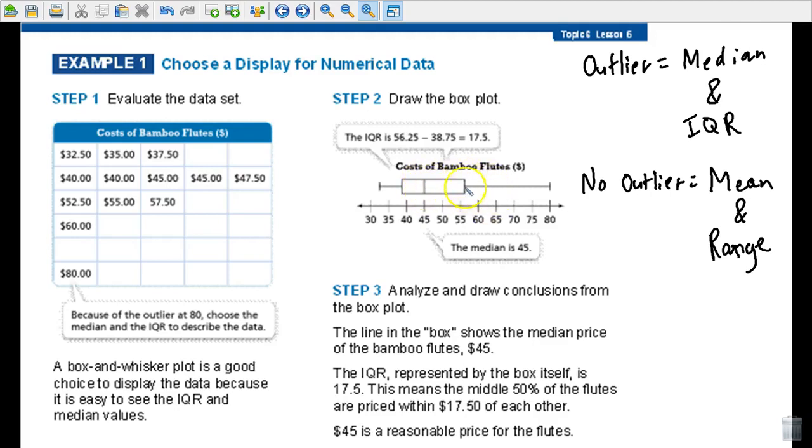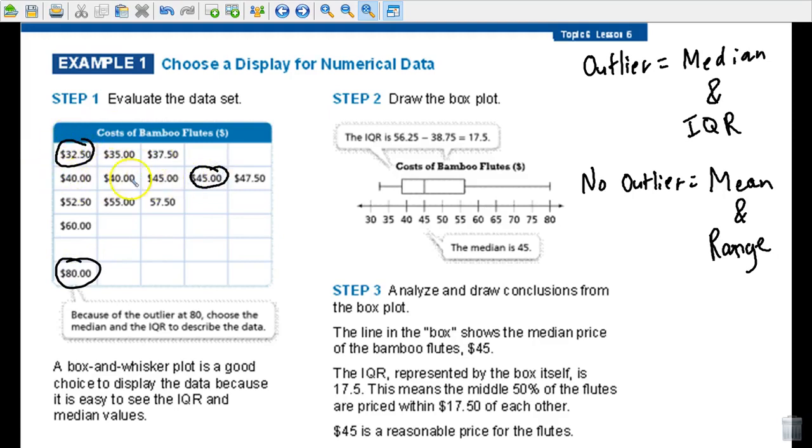And then this is the upper quartile, this edge, and then over here is the lower quartile. So to find the IQR, or interquartile range, we would take the upper quartile and subtract it by the lower quartile. So we've got the least value, the greatest value, and the median is right here.